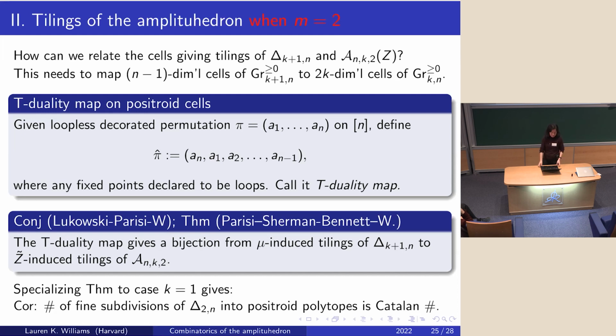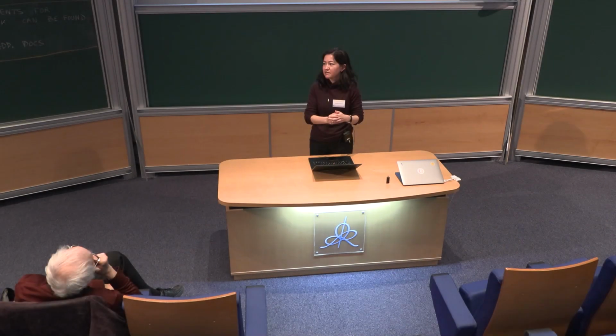So this bijection gives a bijection between decompositions of the hypersimplex and decompositions of the m equals 2 amplituhedron, regardless of whether your decomposition on the hypersimplex side was regular or not. So you have examples of non-regular? Yes.